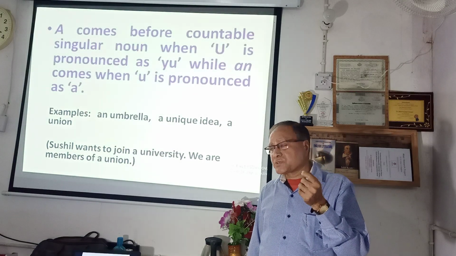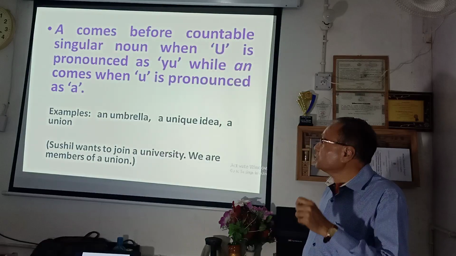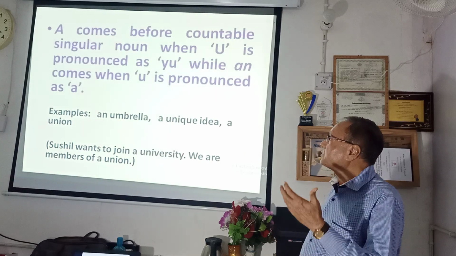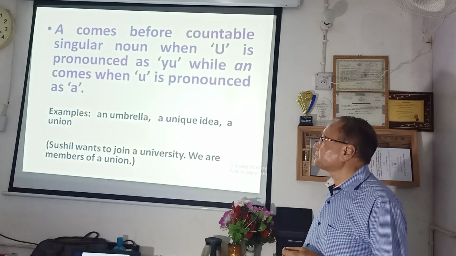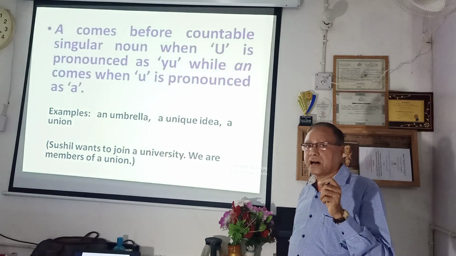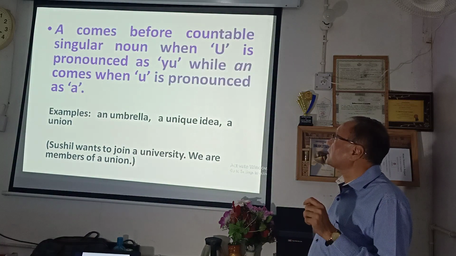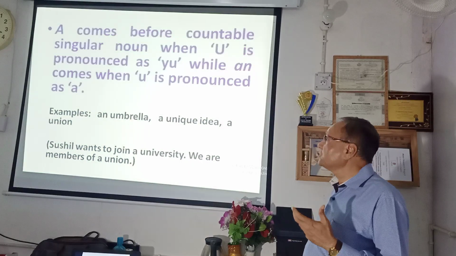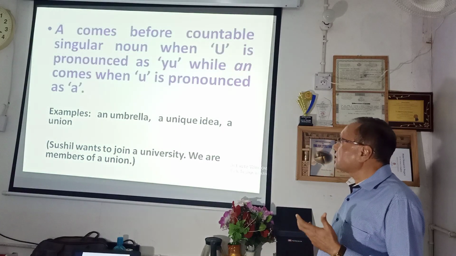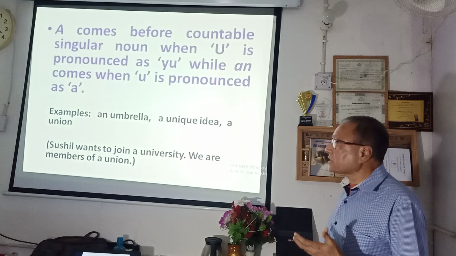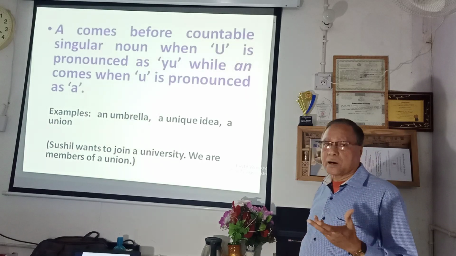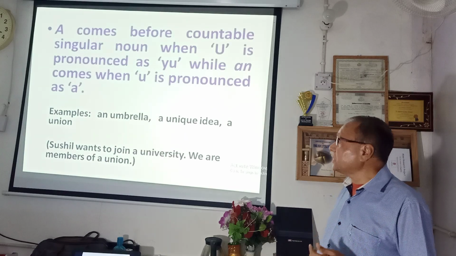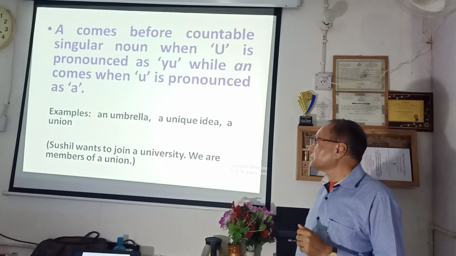U is sometimes pronounced as U and sometimes pronounced as A. So a as an article comes before a countable singular noun when U is pronounced as U, while an comes when U is pronounced as A. Very clear examples: an umbrella, because U is pronounced as A.